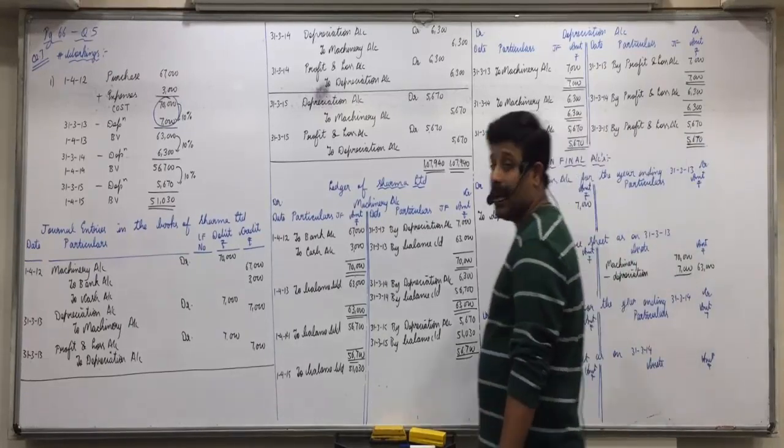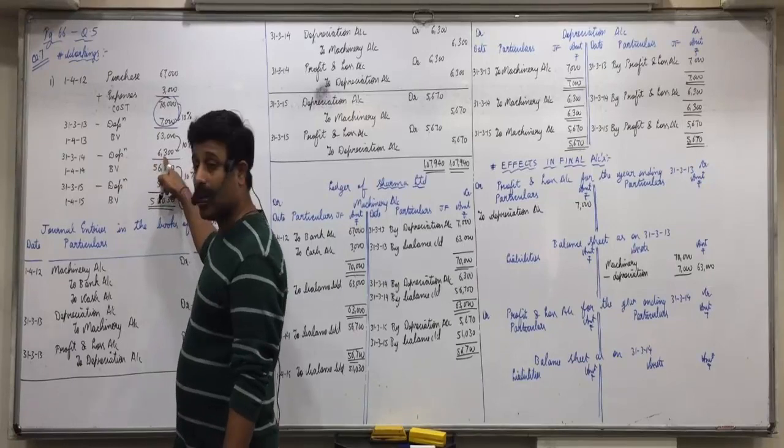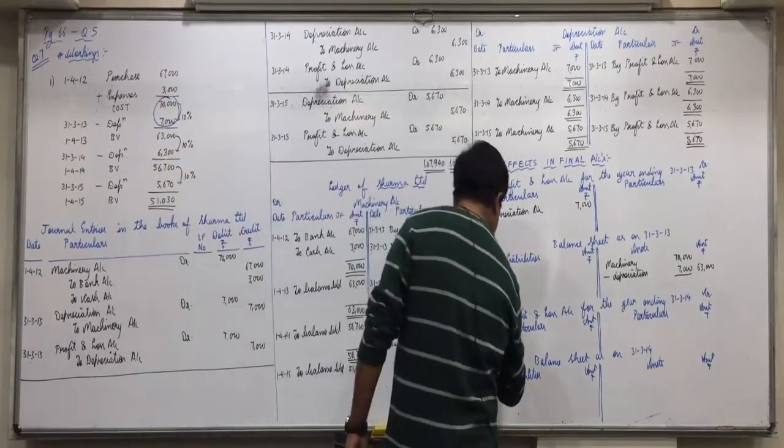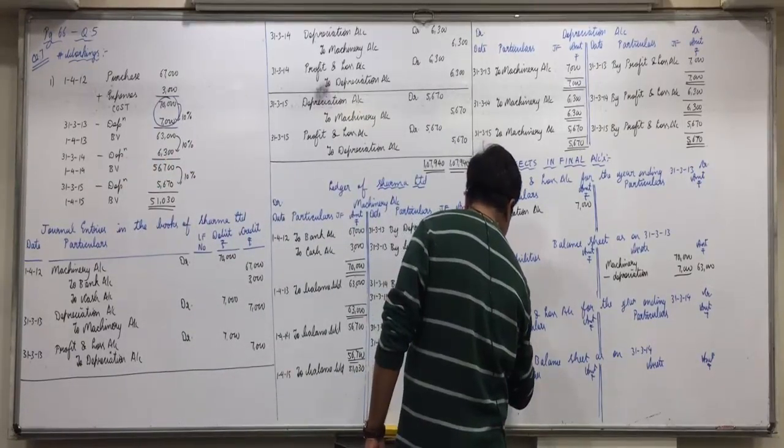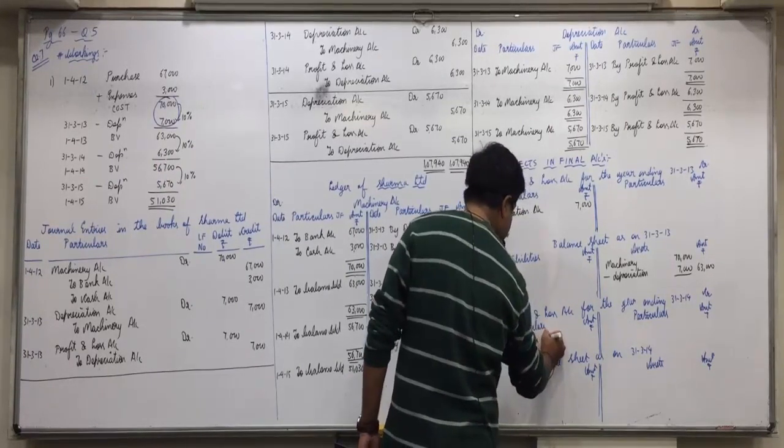And in the second year, in profit and loss account, you will show to depreciation account 6,300.